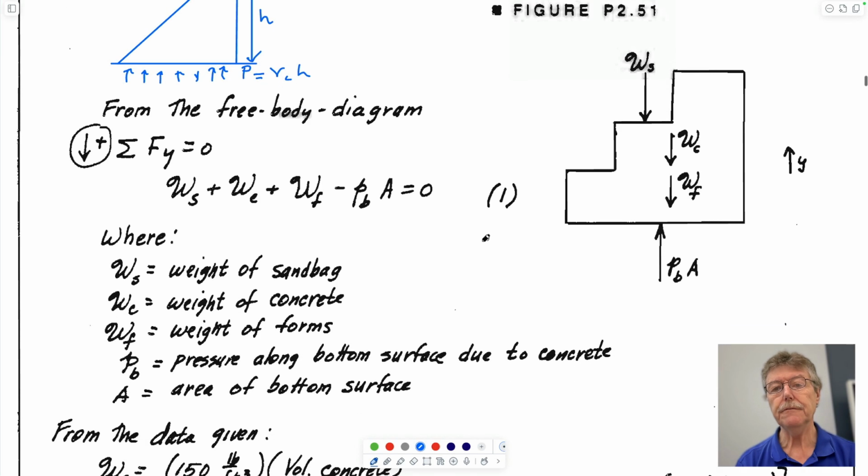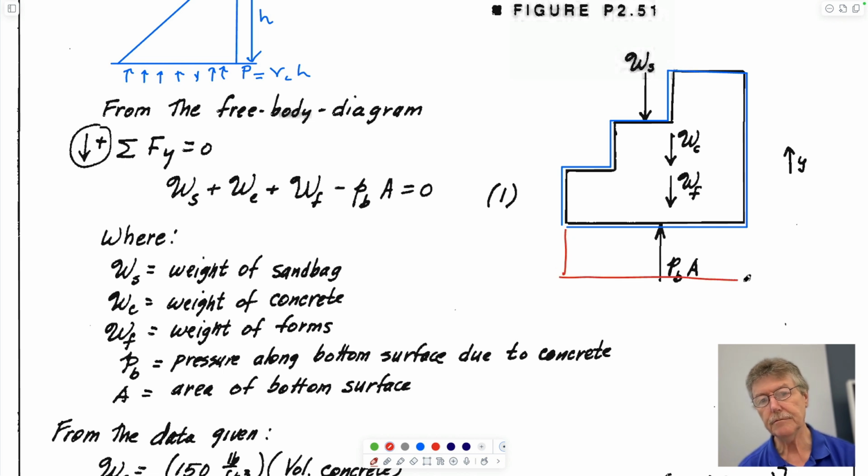So here is the free body. It's just like in your statics course. You draw a free body around this thing, and you look at everything acting on that free body. What's acting on that free body is a pressure here, which I'll draw here.